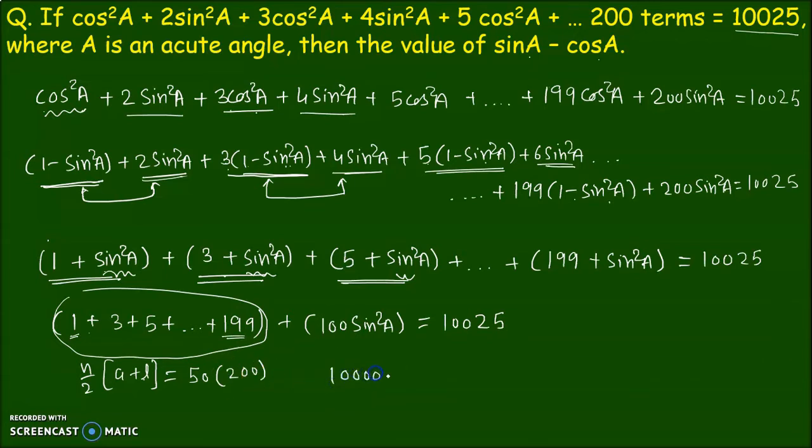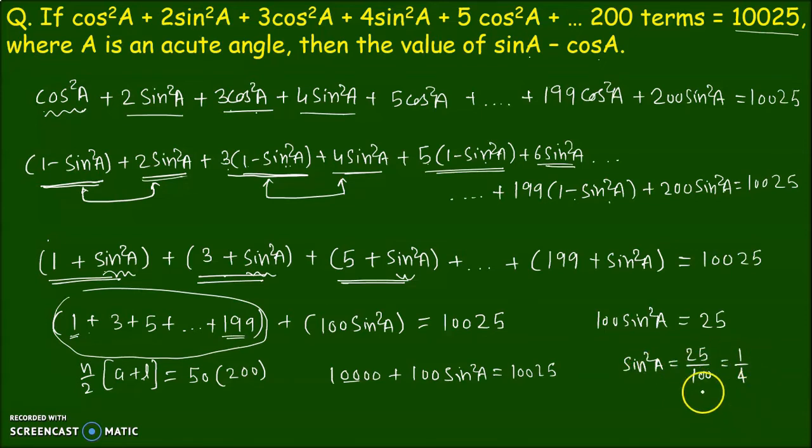So 10,000 plus 100 sin square A is equal to 10,025. Here we get 100 sin square A equals 10,025 minus 10,000, which is 25. So sin square A equals 25 divided by 100, which is 1 by 4.